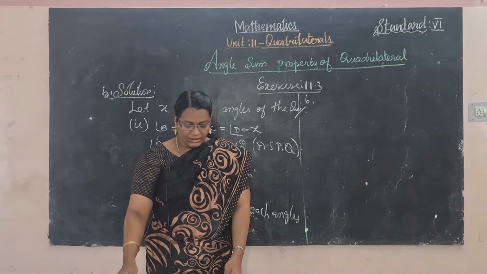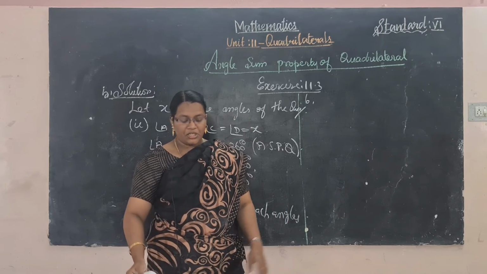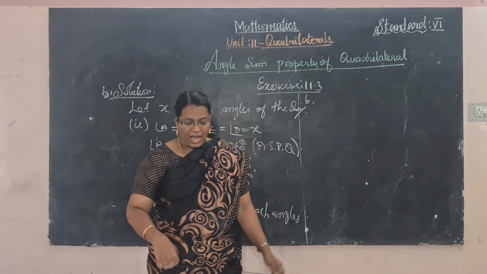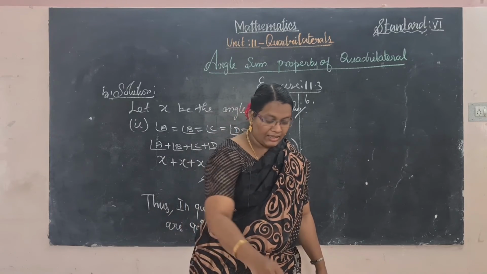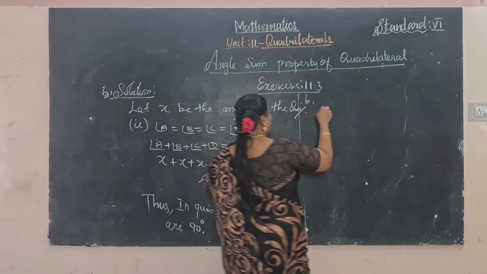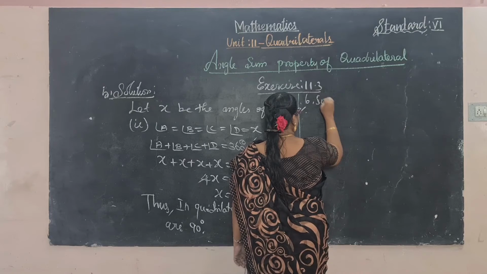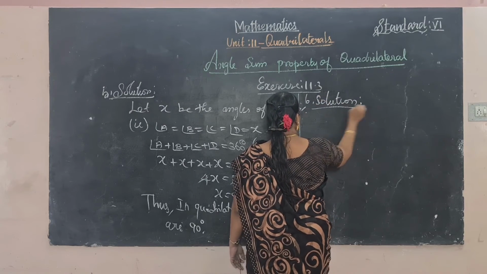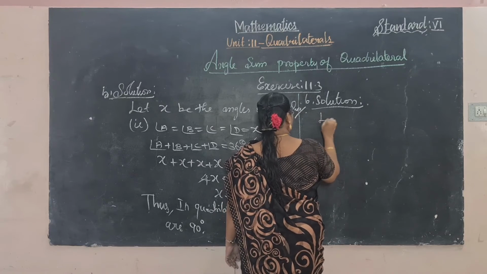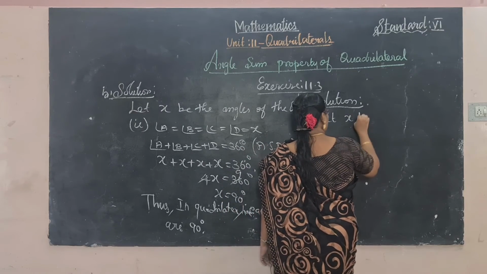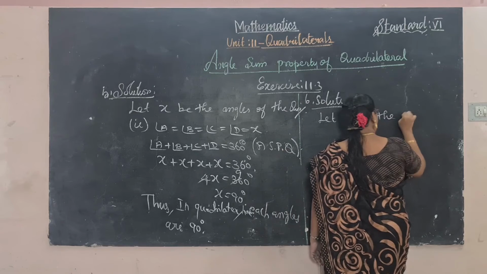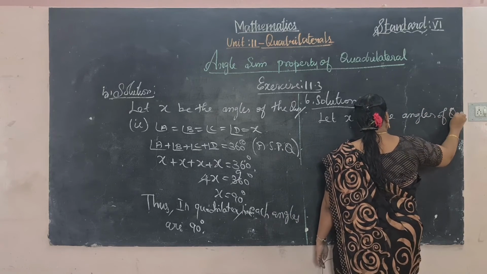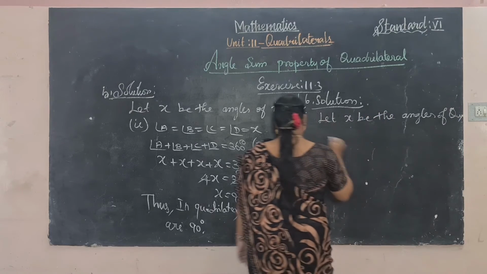And the sixth one: the 4 angles of the quadrilateral are in the ratio 1:2:3:4. Find the angles. Let x be the angle of the quadrilateral.